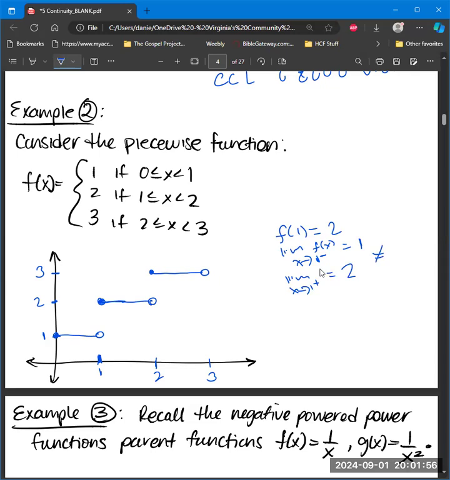They're not equal to one another. So the limit as x approaches 1 of f of x does not exist, and continuity checklist part 2 is violated at x equals 1. We're going to see the same thing for x equals 2, right?